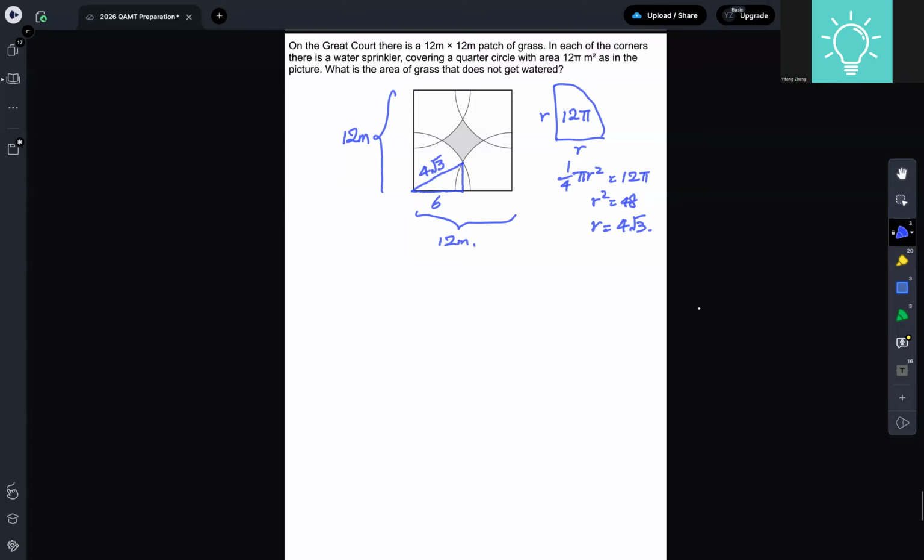So what do we see there? What is that going to be?